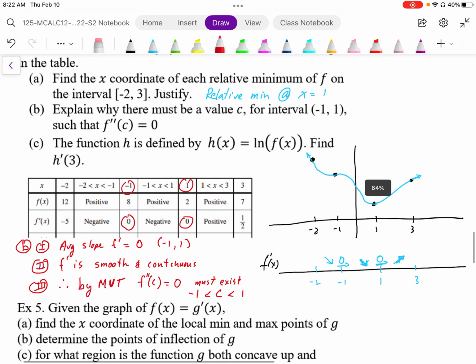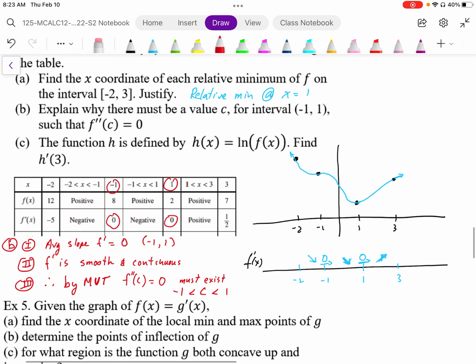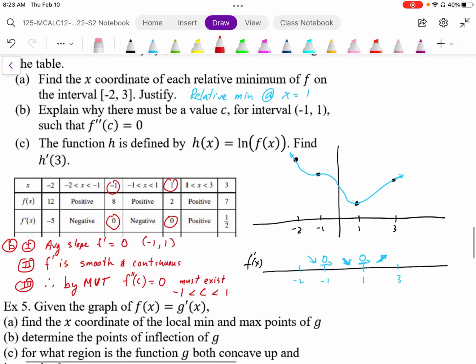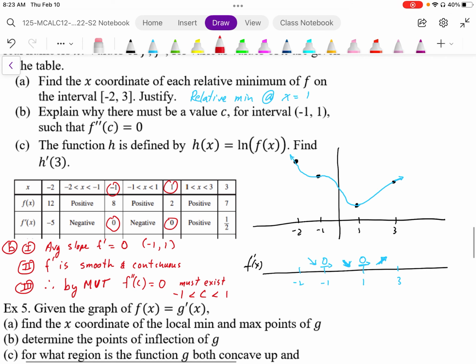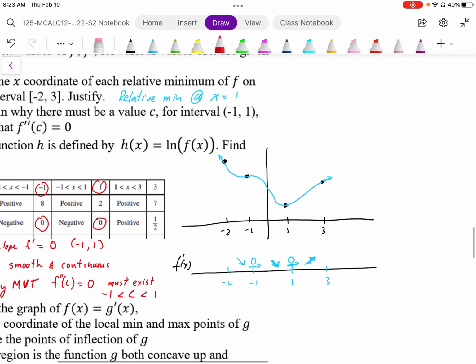Part C says the function h is defined by ln of f of x, and we want to find h prime of 3. This is a problem where we need to differentiate the notation. So h of x is equal to ln f of x.